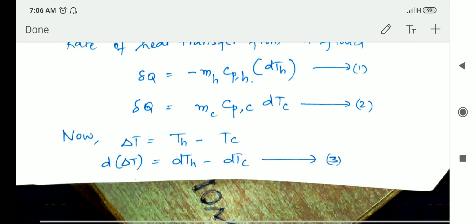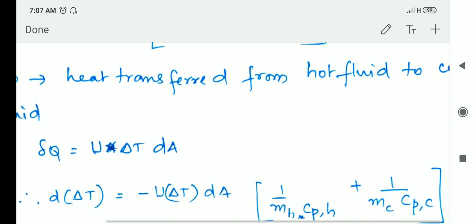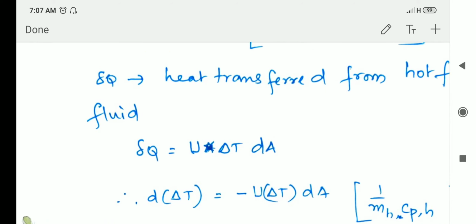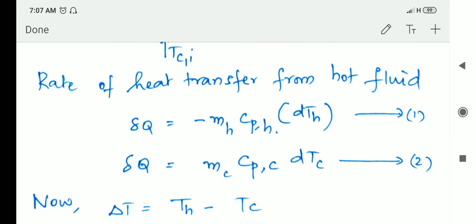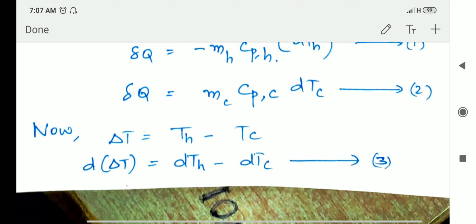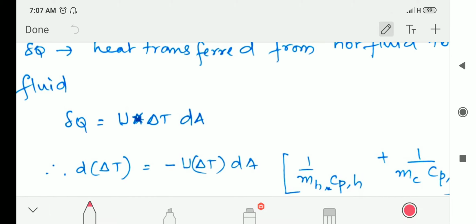And now here we have the third equation: del Q equal to U delta T dA. So there are three equations for del Q. The first is minus mh Cph dTh, the second is mc Cpc dTc, and the third is del Q equal to U delta T dA.